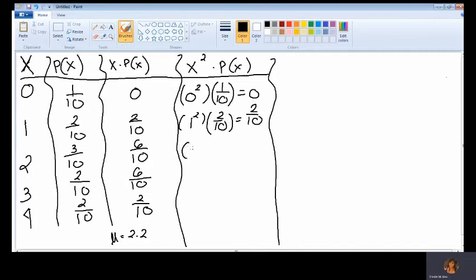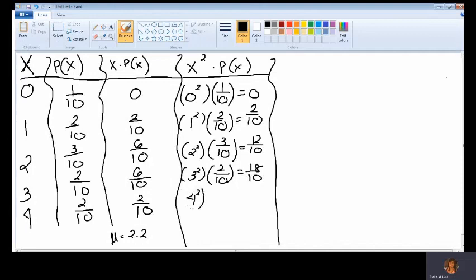And then 2 raised to 2 times 3 over 10 is 12 over 10. 3 squared times 2 over 10 is 18 over 10. Lastly, 4 squared times 2 over 10 is 32 over 10.